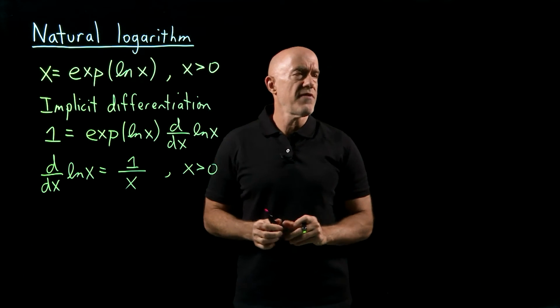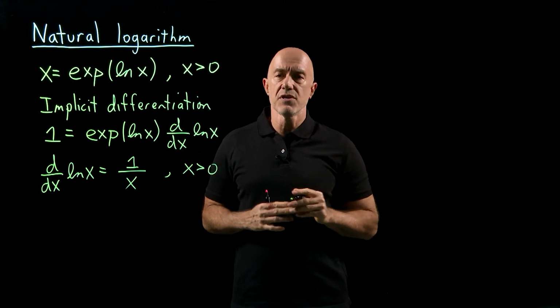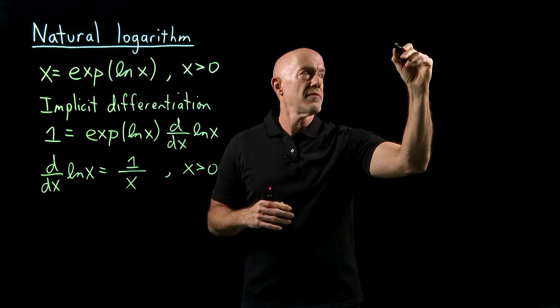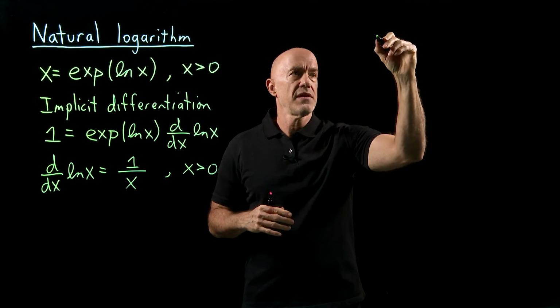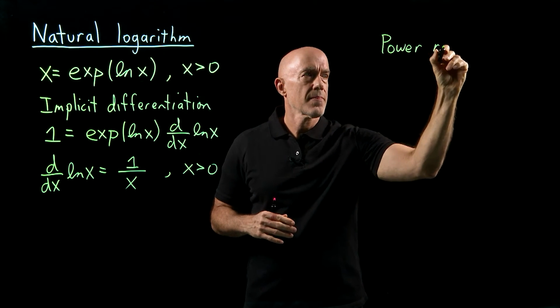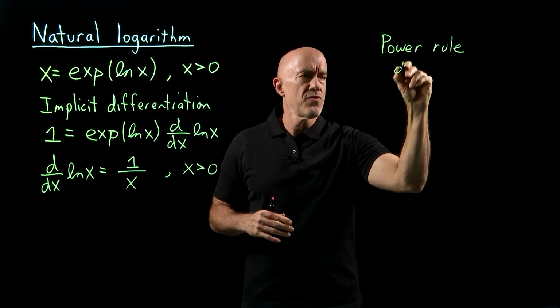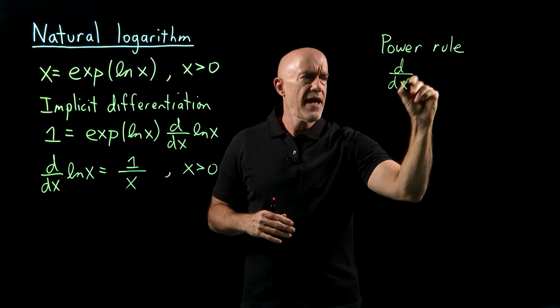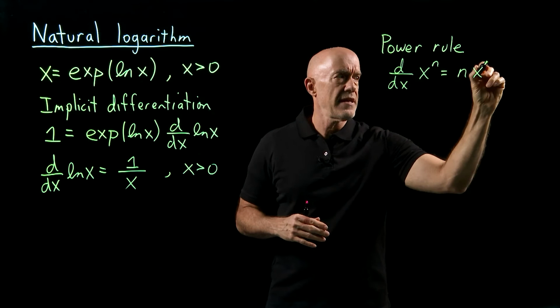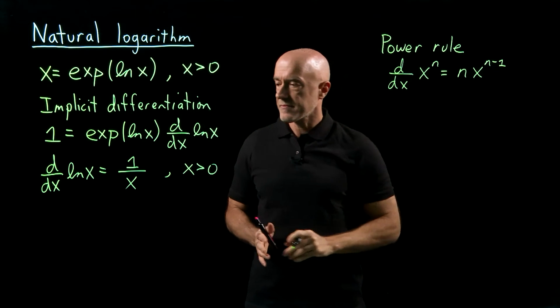That is actually a very welcome result because we've derived the power rule before. Let me just show you that. So the power rule said that the derivative of x to the n is equal to n times x to the n minus 1.